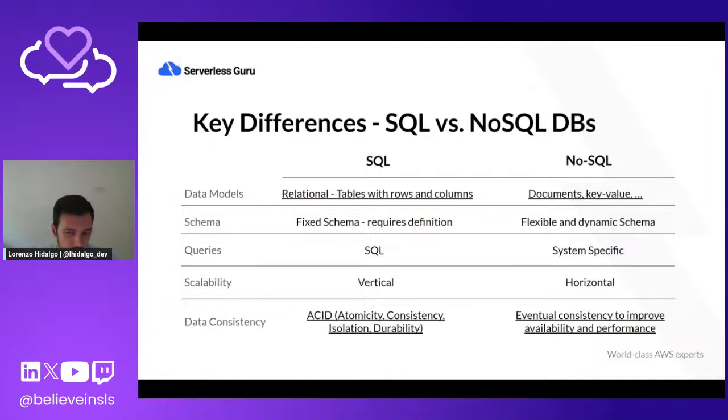Schema. Here comes one of the biggest benefits and also headaches from NoSQL. In SQL databases, you have a fixed schema and you need to define it beforehand, meaning that before you start using your new database, you'll need to create all the different tables with a specific fixed schema, meaning you'll need to tell each row will have these columns with these names, these attributes, these are mandatory and these are optional.